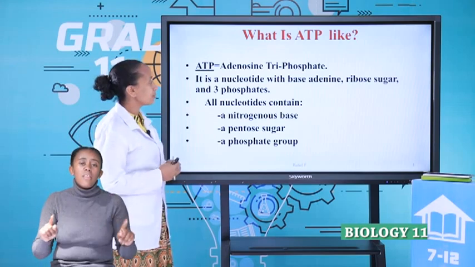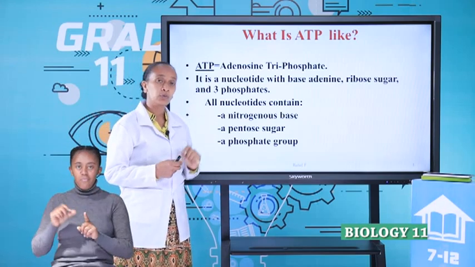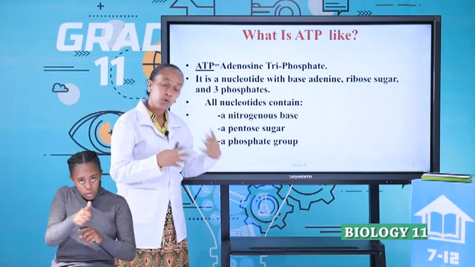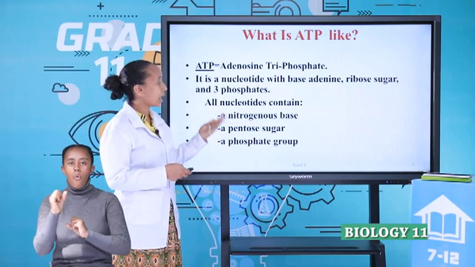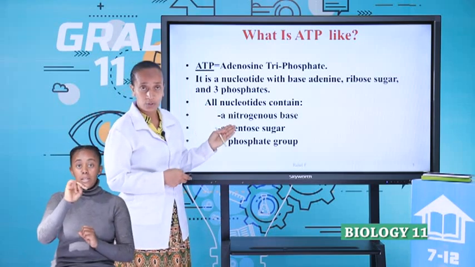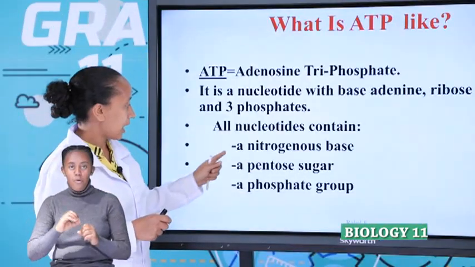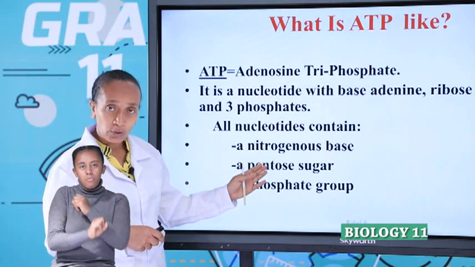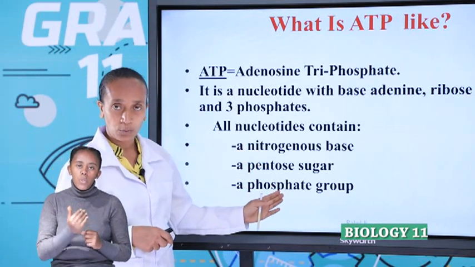But what makes ATP different from other types of nucleotide is that ATP has more phosphate groups compared with other nucleotide molecules. All nucleotides have three components: nitrogenous base, pentose sugar, and phosphate group.